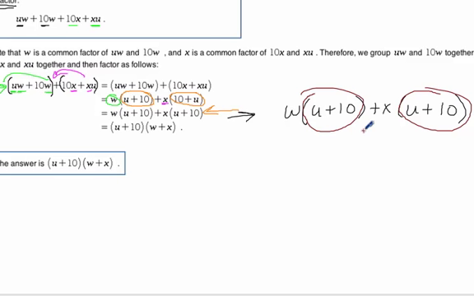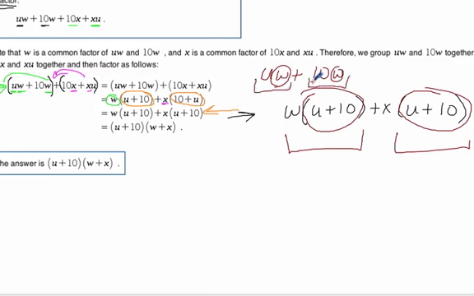Because here's the plus sign, so we've got a term here and a term here. So it's just like we did in this step where we had uw plus 10w. We've got a common factor of w with two terms. It's the same pattern. And we pull that w out, and we say it's w times u plus 10.